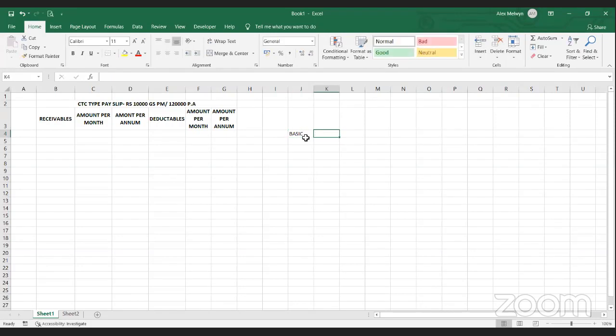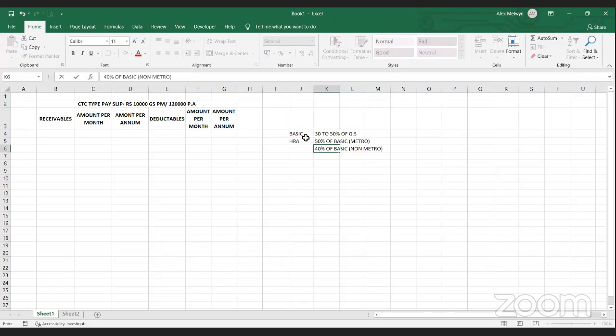So basic is 30 to 50% of gross salary. And then you have HRA, which is 50% of basic for metro, and 40% of basic for non-metro.